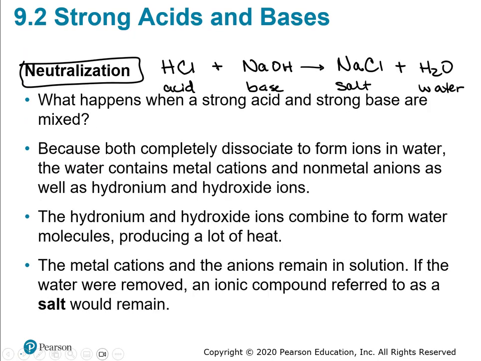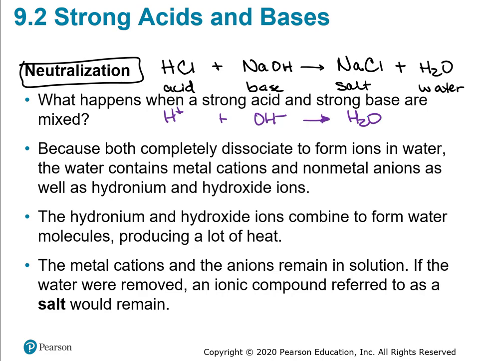When you take an acid and a base and mix them together, they neutralize each other because the hydrogen ion of the acid, the H+, and the hydroxide ion of the base, both very reactive, when they combine, H and OH make H2O. So it ends up forming a very neutral molecule that doesn't have any of the characteristics of those ions.